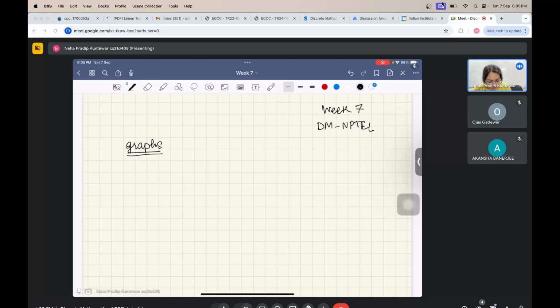Okay, so what we will do today is some examples on graphs, and I think you already know what a graph is. You essentially have a set of nodes and edges, and we'll define the terms and things that we need as and when we come to the problem.